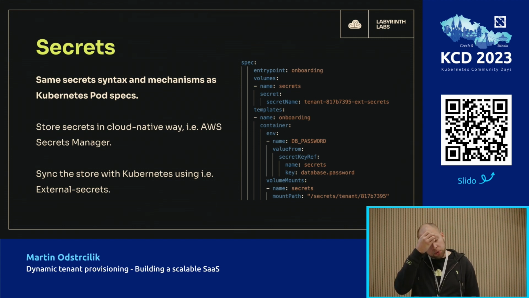This will also help you to store secrets in some cloud-native storage, for example, AWS Secrets Manager, and you have an assurance that that secret is safe because it's encrypted, and you can also leverage capabilities like rotation of those secrets. And then you can use external secrets controller on the Kubernetes side, which will do the heavy lifting for you, and it will sync the secret from Cloud Native Store into Kubernetes secret, and then you can use it as you like.